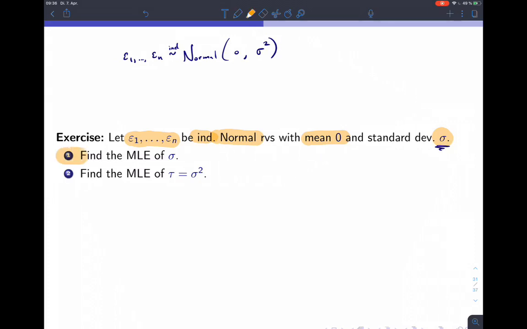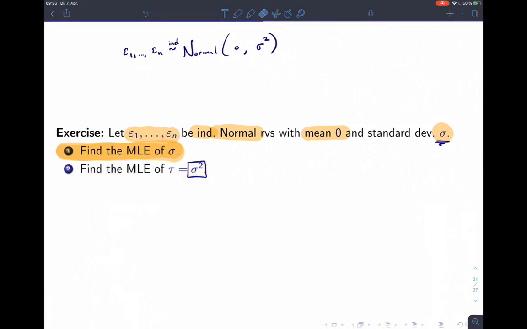In the first one, we're going to just find the maximum likelihood estimator of sigma, regarding sigma as the parameter, and then we're going to find the MLE of sigma squared, regarding sigma squared as the parameter, and we'll find that the maximum likelihood estimator of sigma squared is going to be sigma hat squared. So we just apply the same function to our estimator.